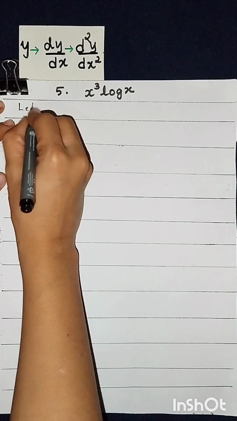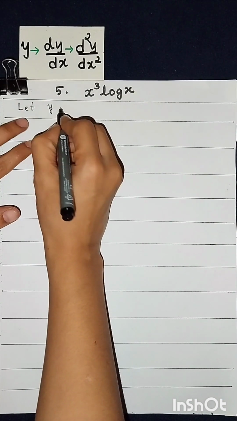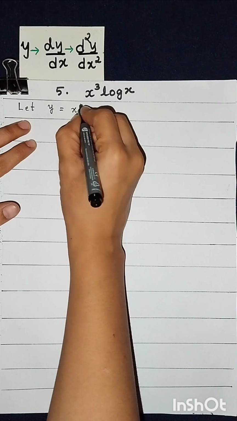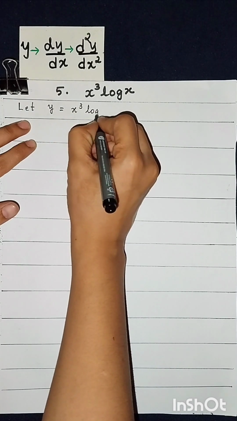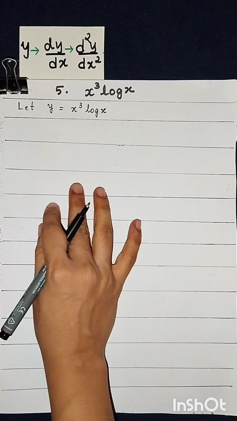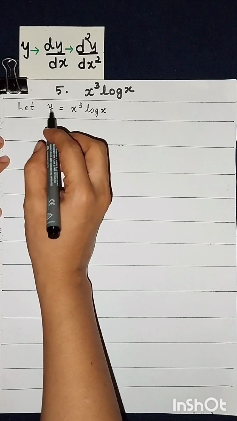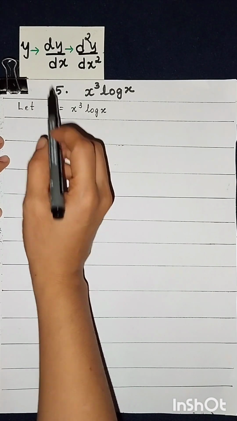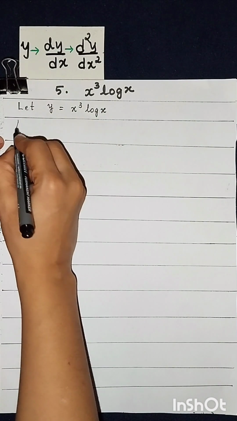Let y is equal to x cube log x. Now we have to differentiate to get dy by dx.